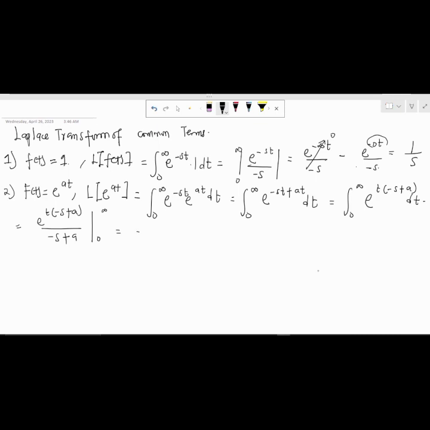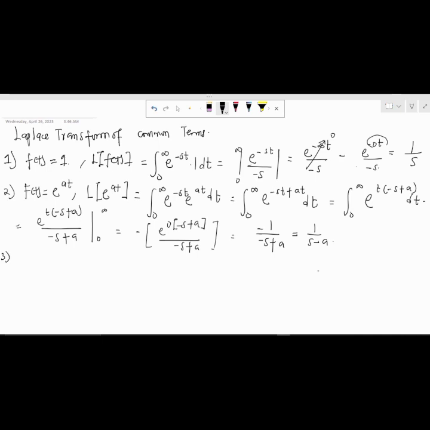So we have the negative of e raised to the power 0 times minus s plus a, all over minus s plus a, which is going to give us minus 1 over minus s plus a, which is the same as 1 over s minus a. Alright, another one that we could have is number 3.